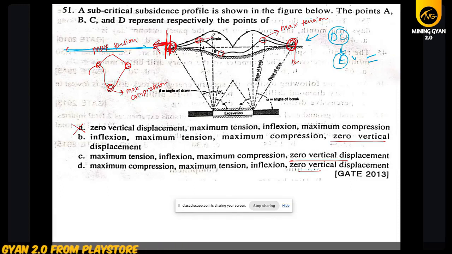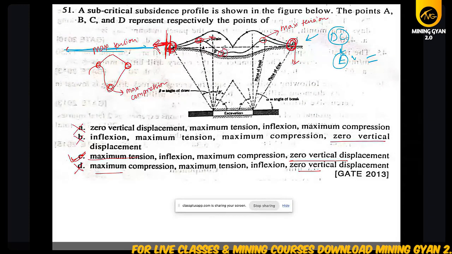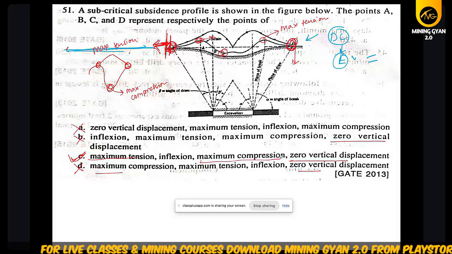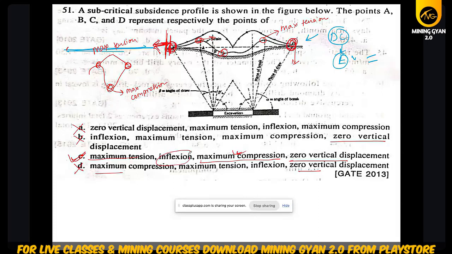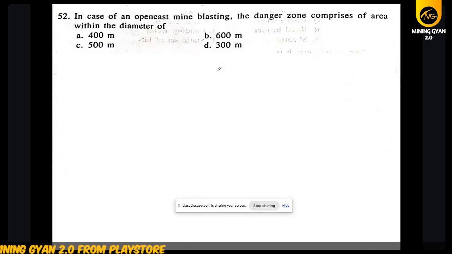A point has maximum tension, so this will also eliminate. Only one option will remain and you will get your answer. And C option will be maximum compression. For B, check that this point has an inflection. So use the elimination technique, it will help you. Try to eliminate as many options as you can. Come to the 52nd question.